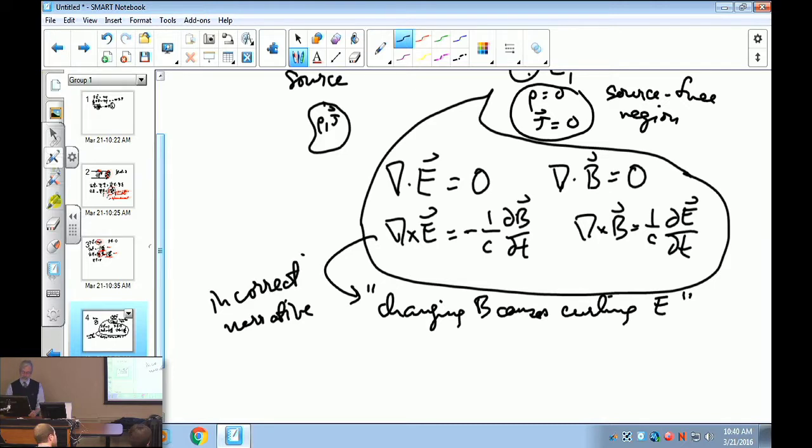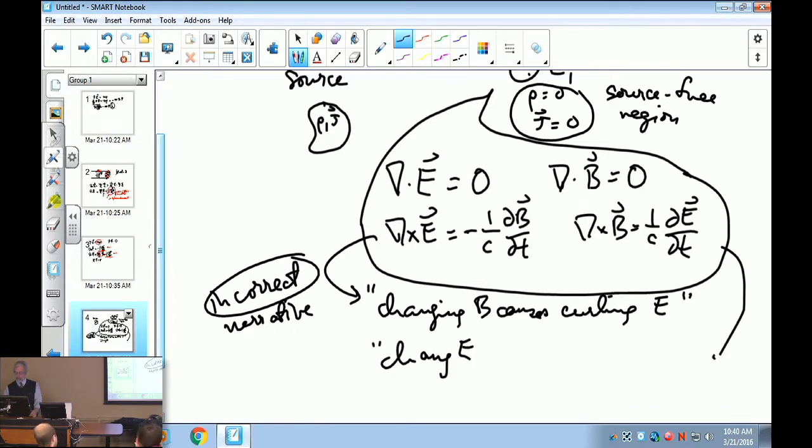Incorrect narrative. Changing B causes curling E. That's what I was told was the meaning of that third equation. And the last equation, the curl of B: changing E causes curling B.